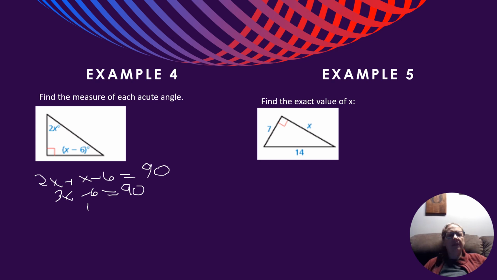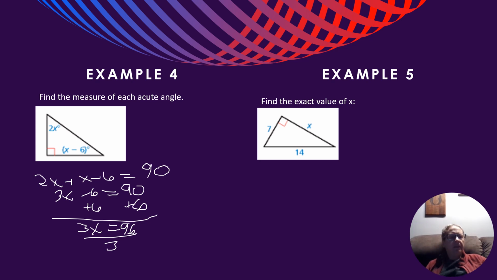Add 6 to both sides. So I get 3x is 96. So I divide by 3. 96 divided by 3 is 32. So I need to find both acute angles. One of them is 2 times x.